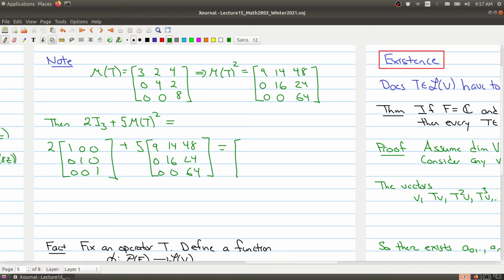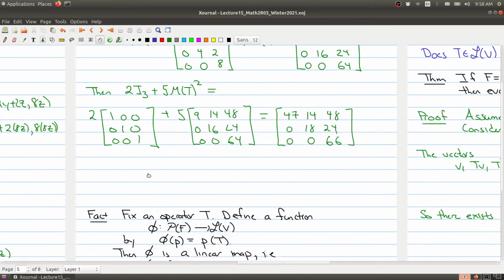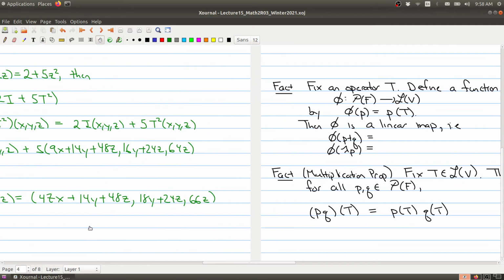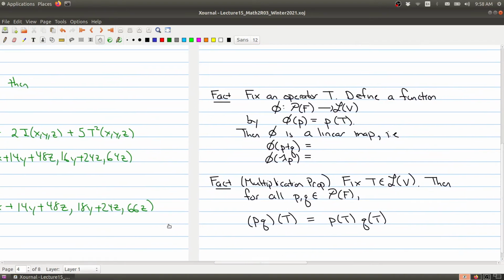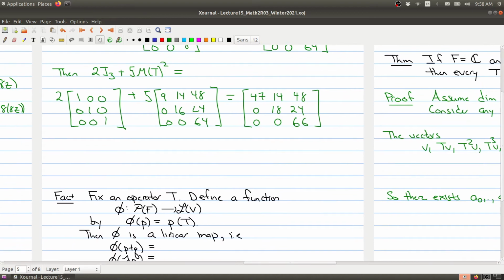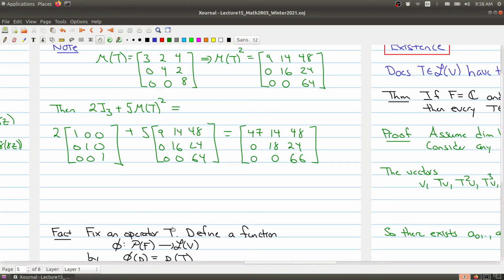And if I look at the resulting matrix, I get 47, 14, 48, 0, 18, 24, 0, 0, and 66. And if you look at all these numbers here, these are the exact same numbers that show up in here, right?